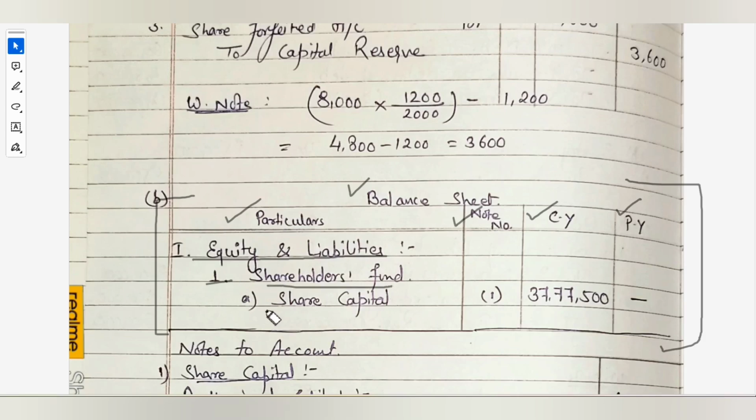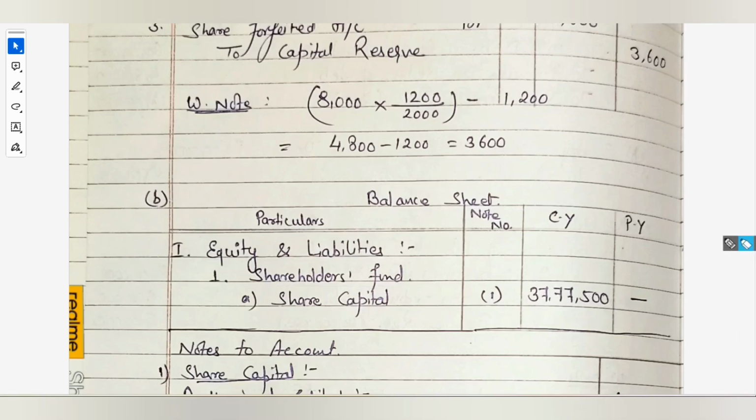Below that, first subheading, that is share capital. This portion always remains the same. That is why I have stated earlier that it is a tiny portion. And this amount, as you can see on the screen, 37 lakh 77500, will be calculated by using notes to account.